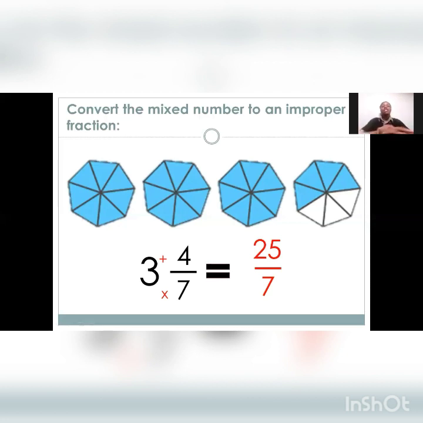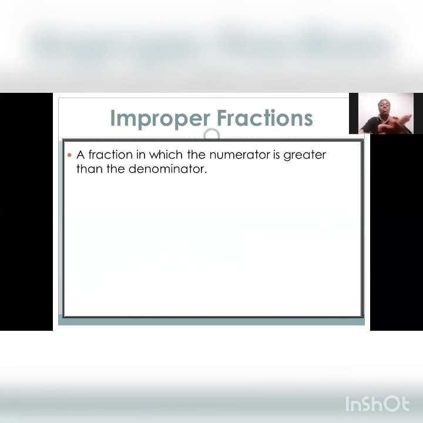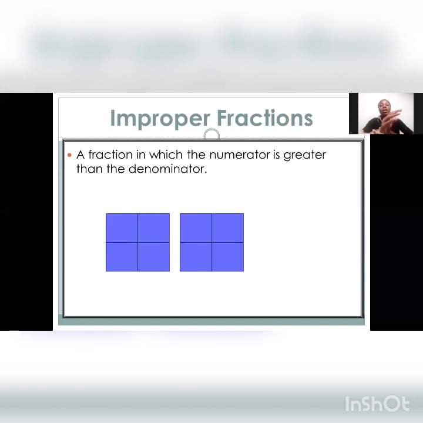Now let's look at improper fractions. We talked about what an improper fraction is at the beginning of this lesson. An improper fraction is a fraction in which the numerator is greater than the denominator. So let's look at a few examples. Here we have 2 of the same shapes with equal parts, all fully shaded.